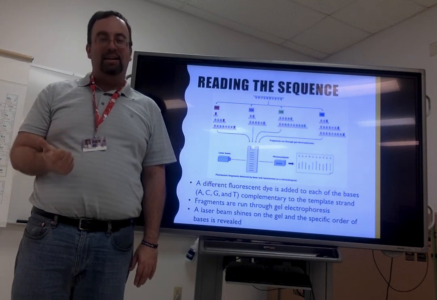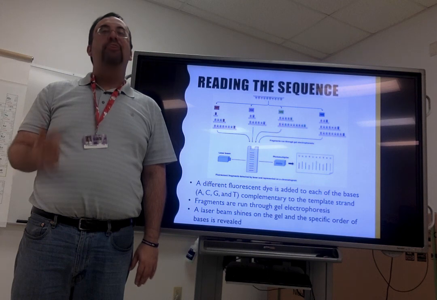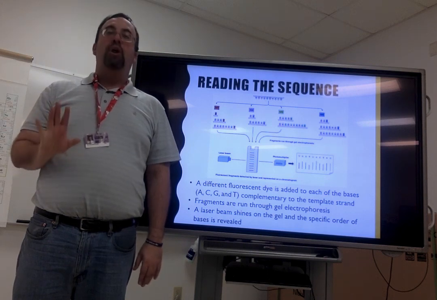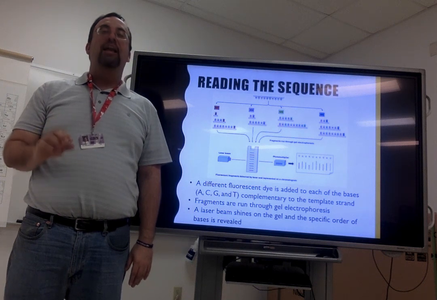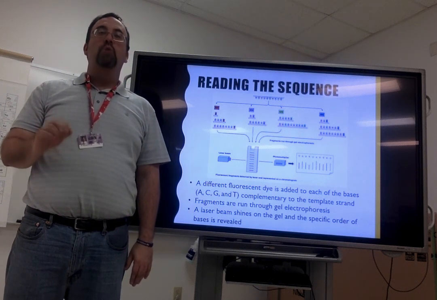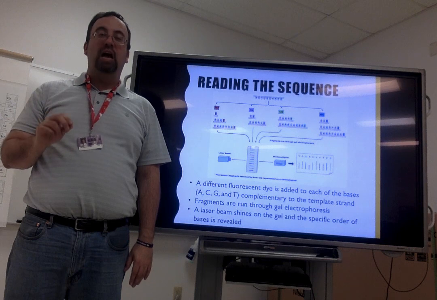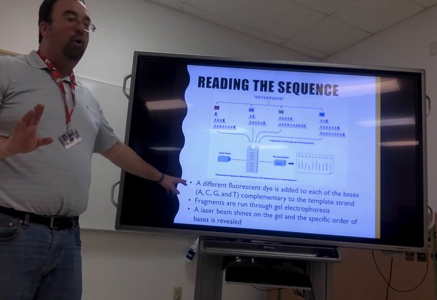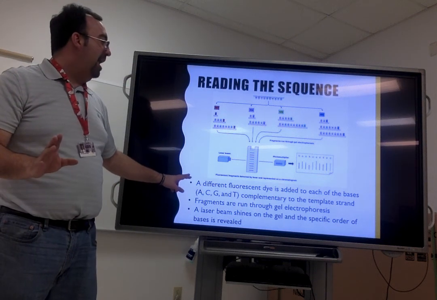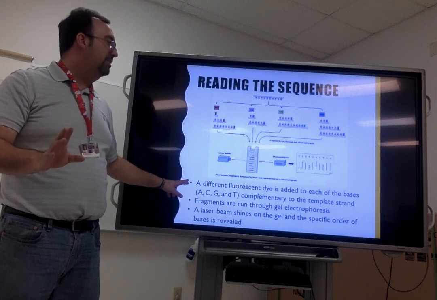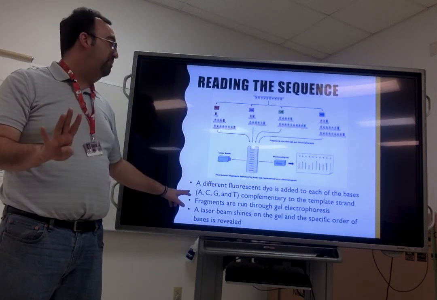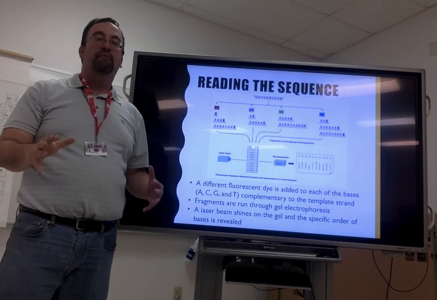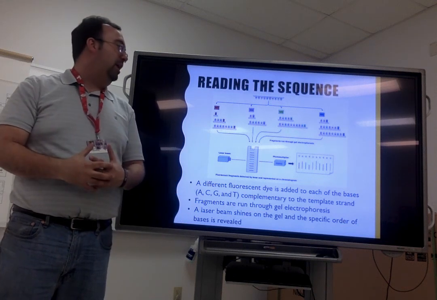We have adenine A, cytosine C, guanine G, and thymine T. There are compounds called fluorescent dyes that under UV lights will shine a different colored light. And so the scientists have a different fluorescent dye added to each of the 4 different bases we find in DNA, and therefore they complement the template strands.